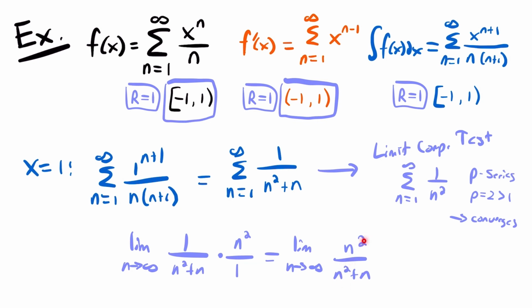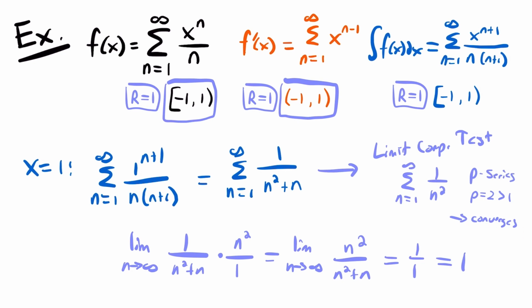And so since those powers are equal, this limit, as n approaches infinity, will be equal to the ratio of the coefficients for those two terms. So we'll have 1, which is the coefficient of n squared, divided by 1, which is the coefficient of n squared down here. So this limit is equal to 1 divided by 1, which is equal to 1, which is a finite result, which means that from the limit comparison test, we can conclude that this series converges just like the comparison series.